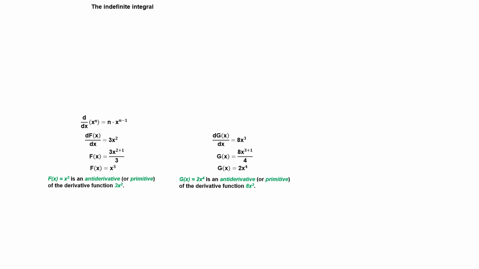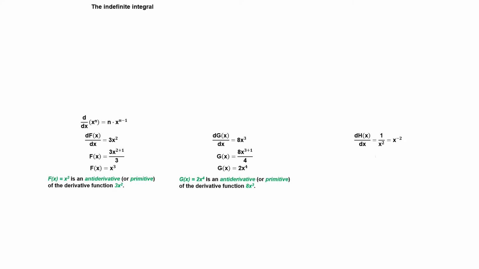We now are asked to find a function h of x whose derivative is 1 divided by x squared. The derivative function of h is 1 divided by x squared. In this case, it is better to work with the negative exponent. To reverse this process, reverse the order of the steps and reverse the math within each step.